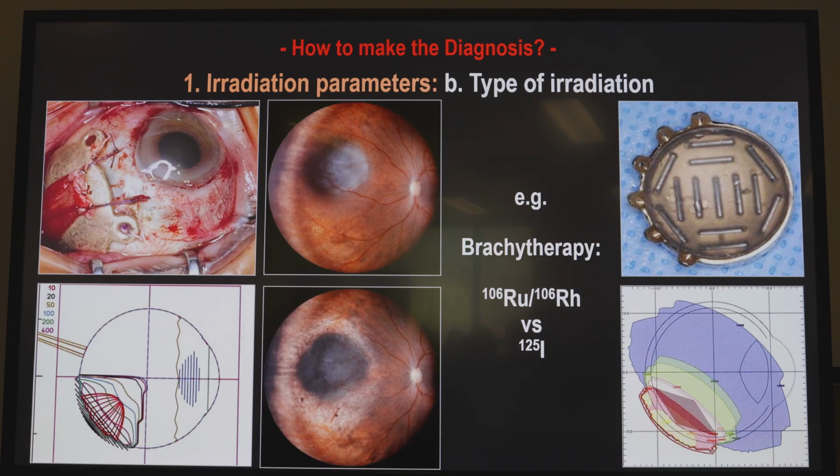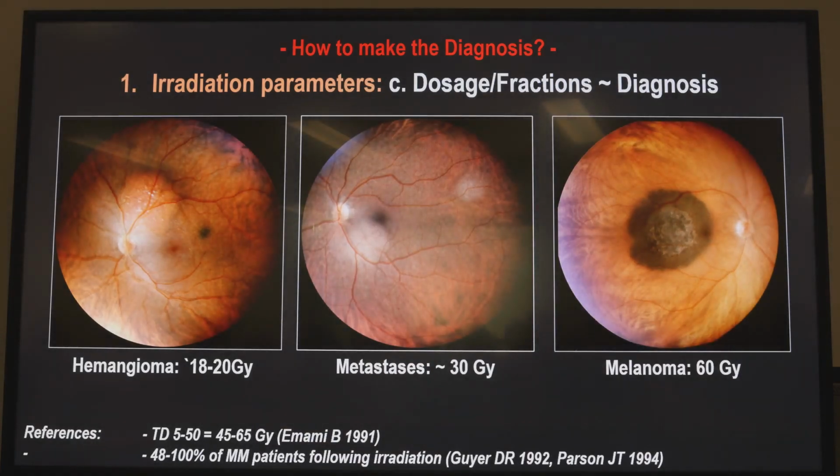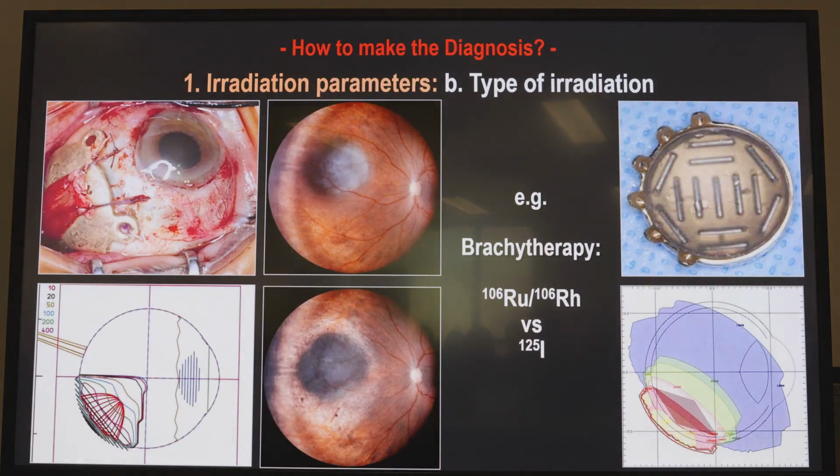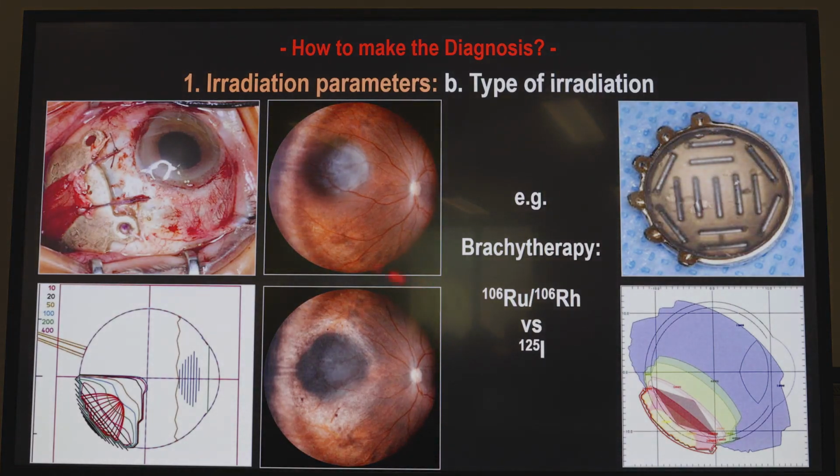Types of irradiation. I talked already about protons, you talked about photons, and then we have the brachytherapy, which we use in radiation, we have the plaques, the ruthenium plaques versus the iodine plaques. And why is it important to be aware of the differences? Ruthenium plaques give beta irradiation.